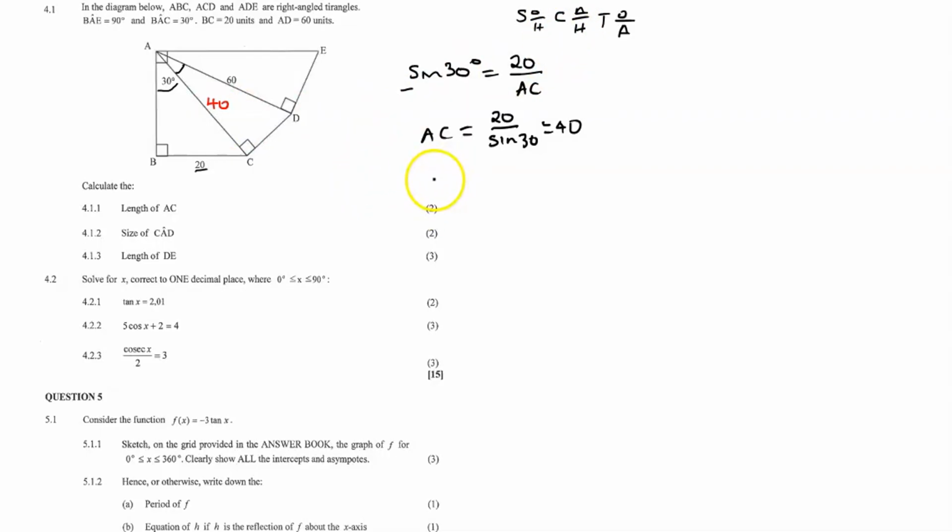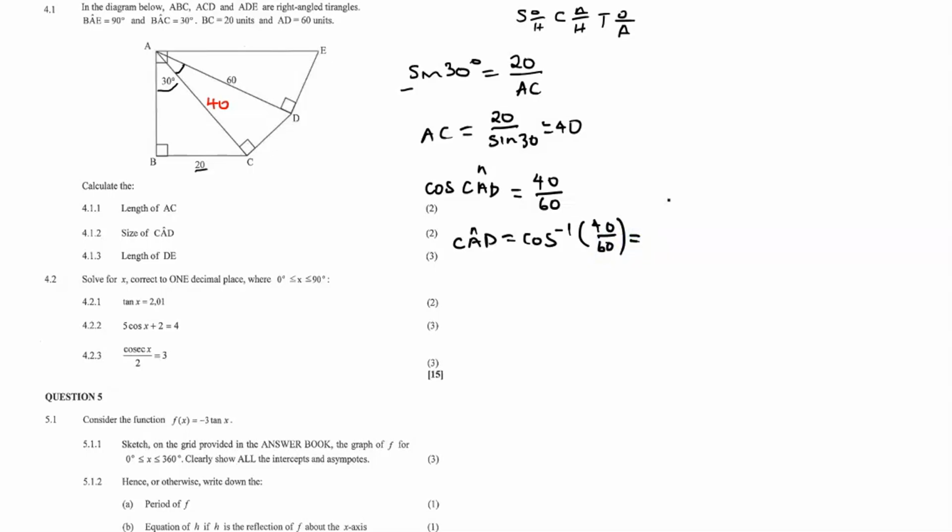So we are going to say cos of angle CAD is equal to the adjacent over the hypotenuse, which is 60. And then you find angle CAD. Now you just punch that on your calculator and you get your answer.